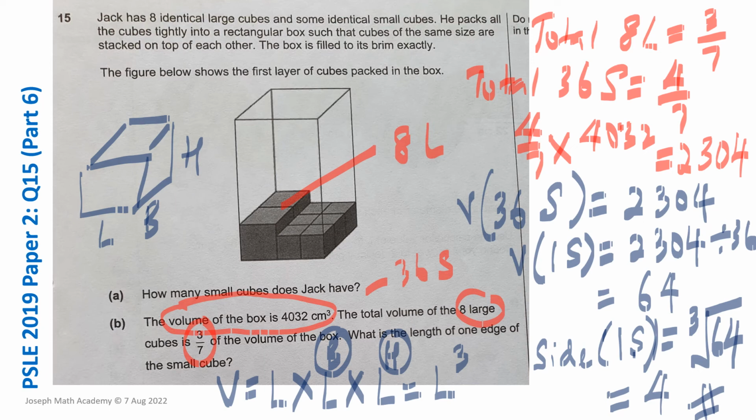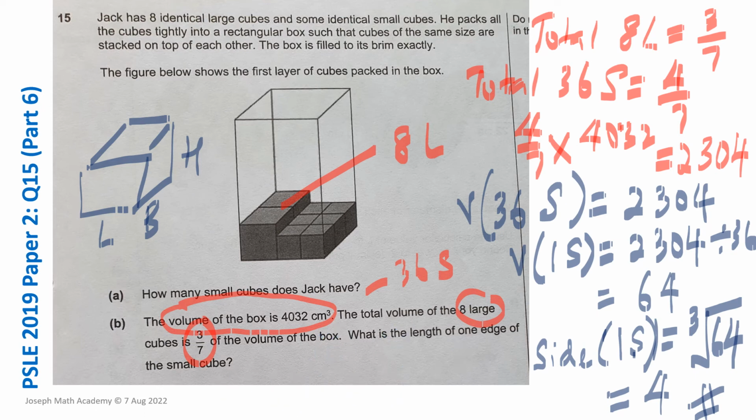Now, if you have difficulty understanding what a cube root is, we can use this idea. Let me rewrite this part to help you understand. Remember, a cube has equal sides. So 64 must be the product of 3 identical values.